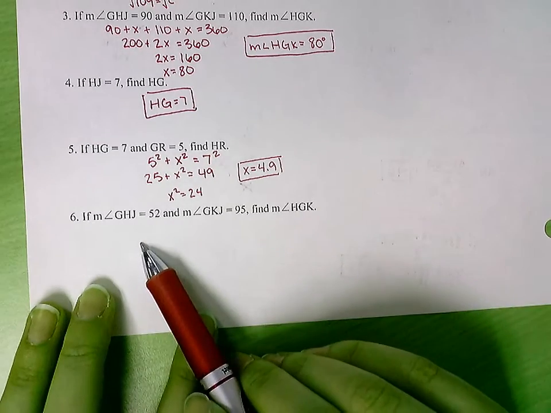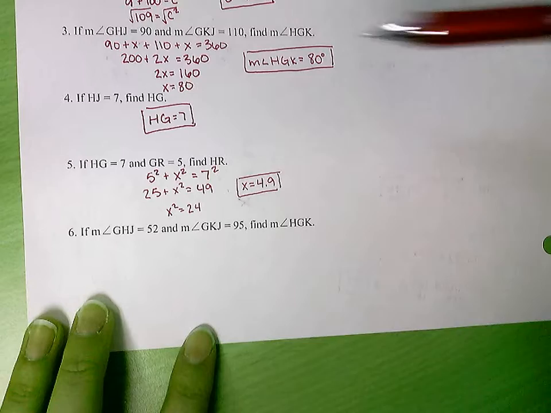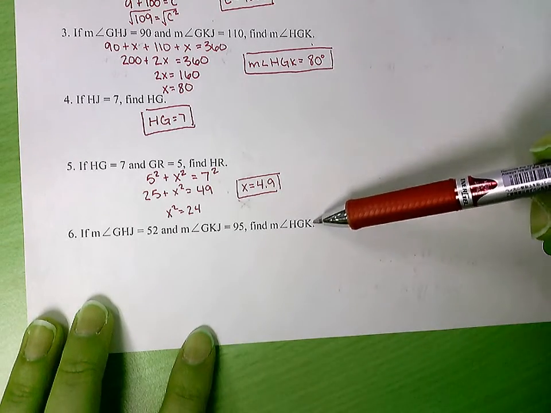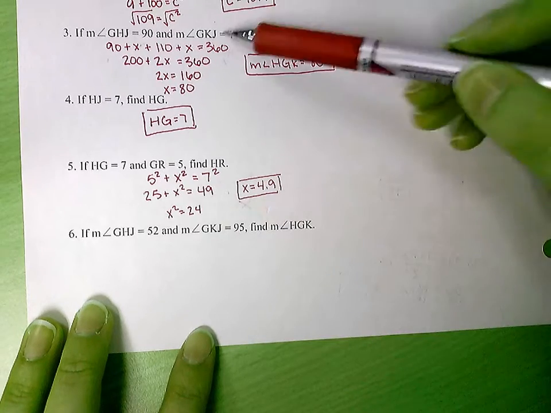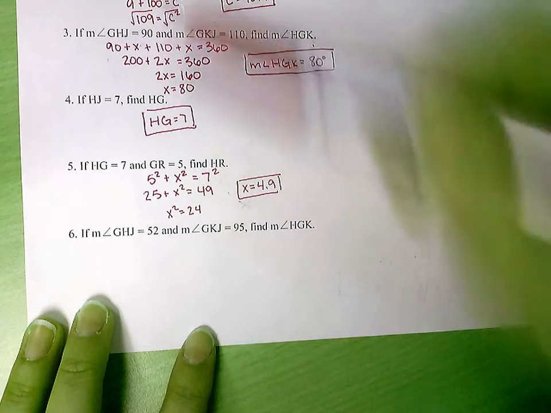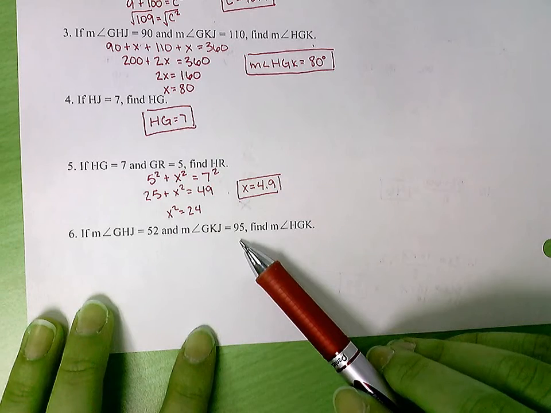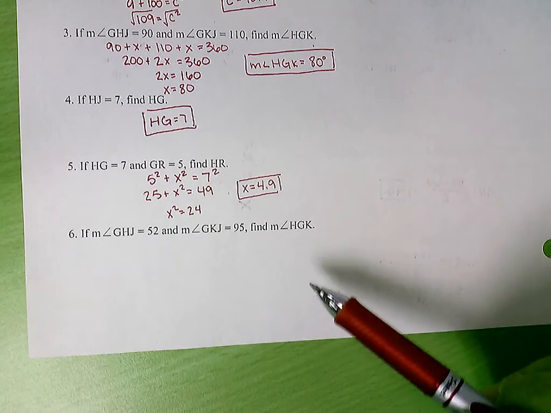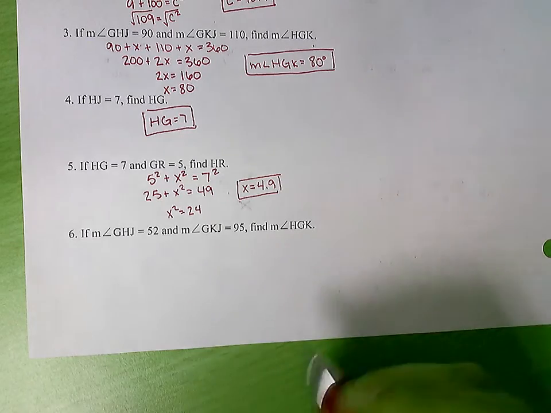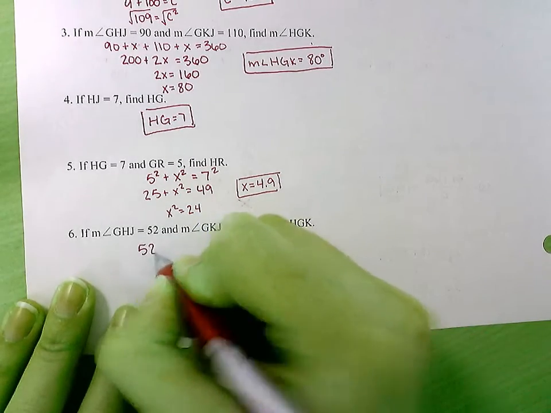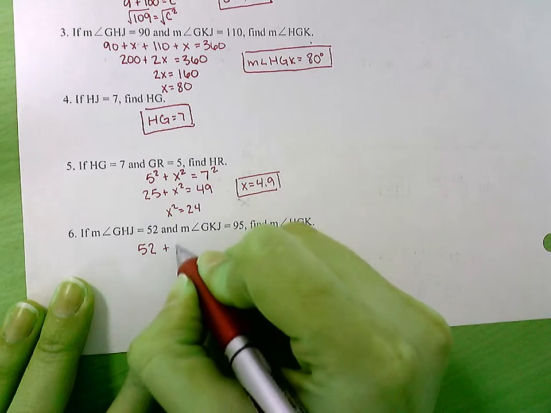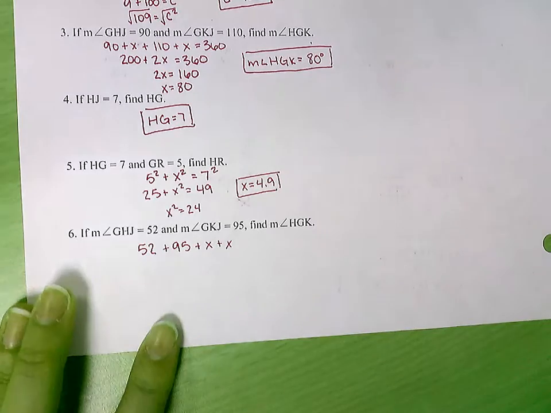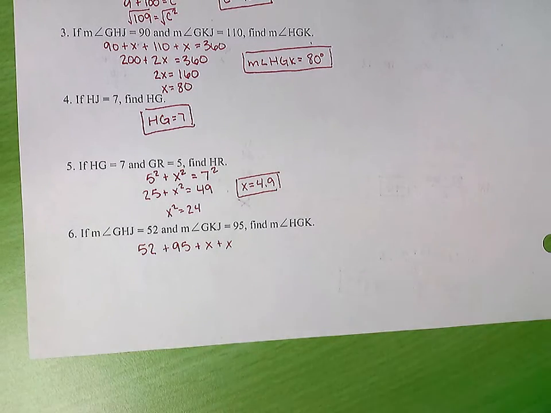All right, then number 6. Number 6 is just like number 3. So you're still finding HGK, and you're given GKJ and GHJ. Your numbers are just different. So I'm finding one of those congruent angles within my kite. So I'm going to add up all 4. So 52, 95, and my 2 x values because my 2 angles there are congruent.